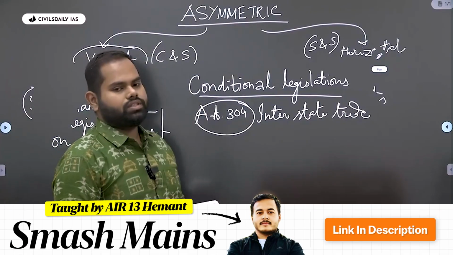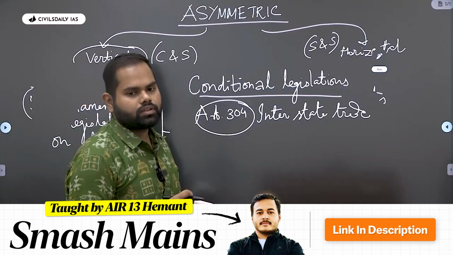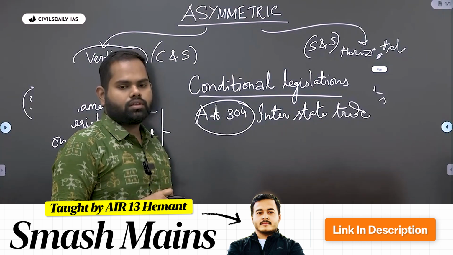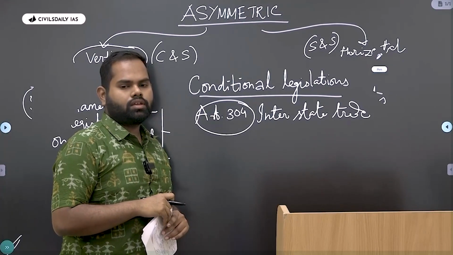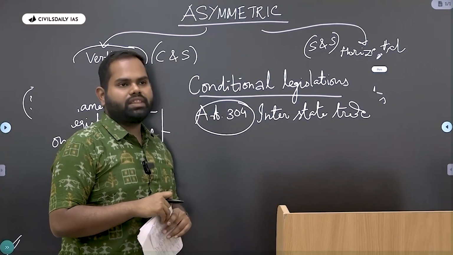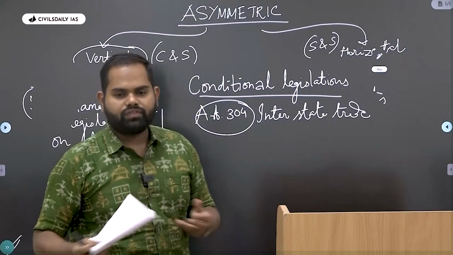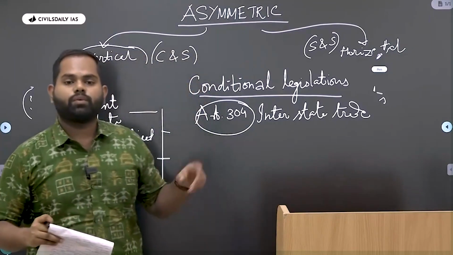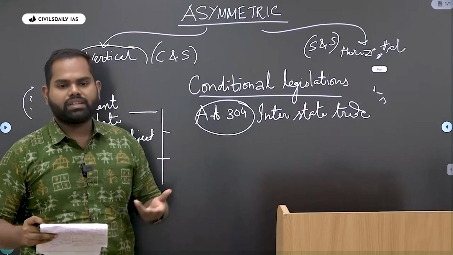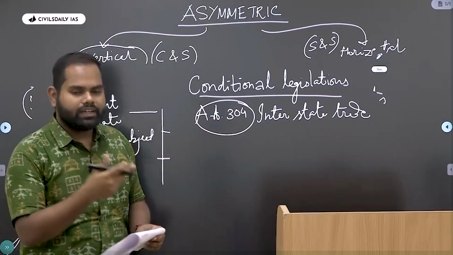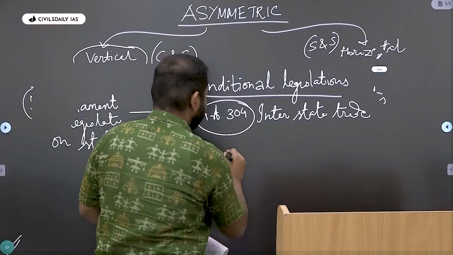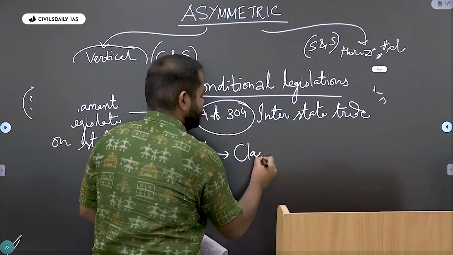Any other ones? Yes, but then in the concurrent list, both of them have the power. But I'm talking about where the state had the authority, but still it is dependent. Its dependence is more on the concurrent list, so clash in concurrent subjects can be a point as well.